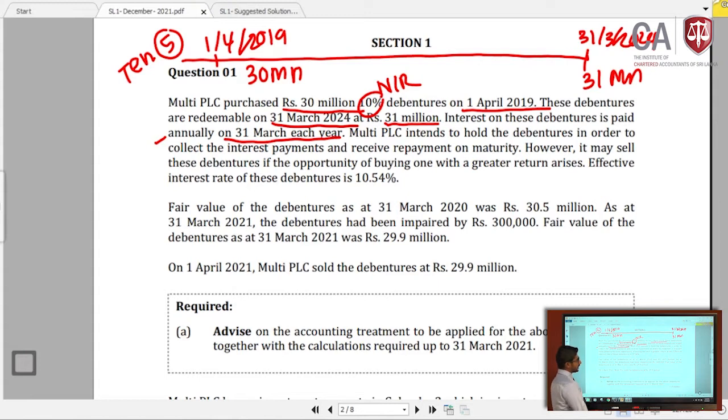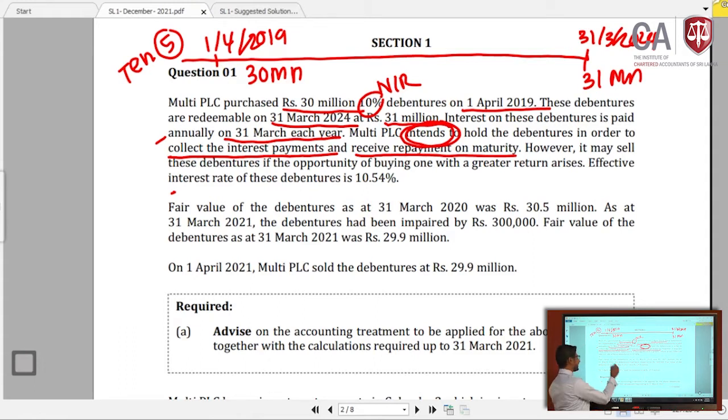Multi PLC intends to hold the debenture in order to collect the interest payment and receive repayment on maturity. They are talking about the intention: to collect the annual interest, plus the repayment we receive on 31st March 2024.